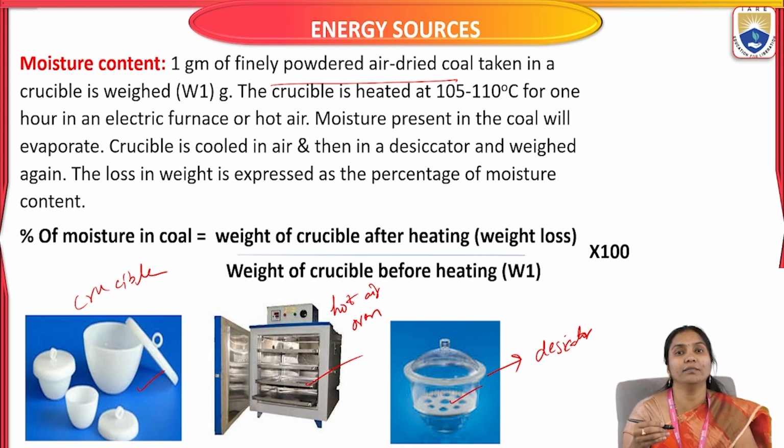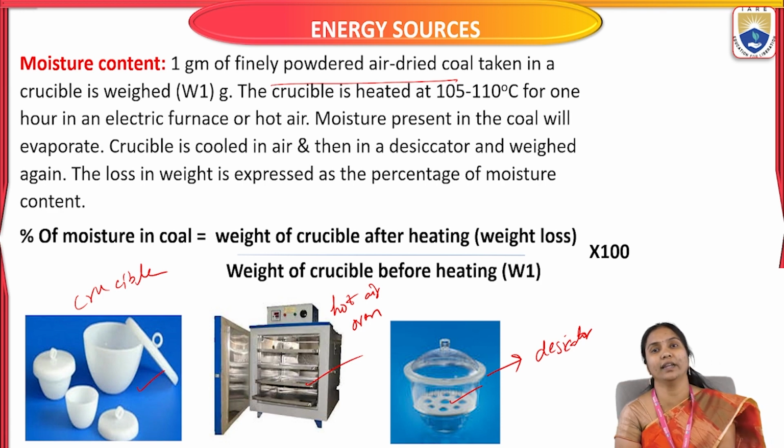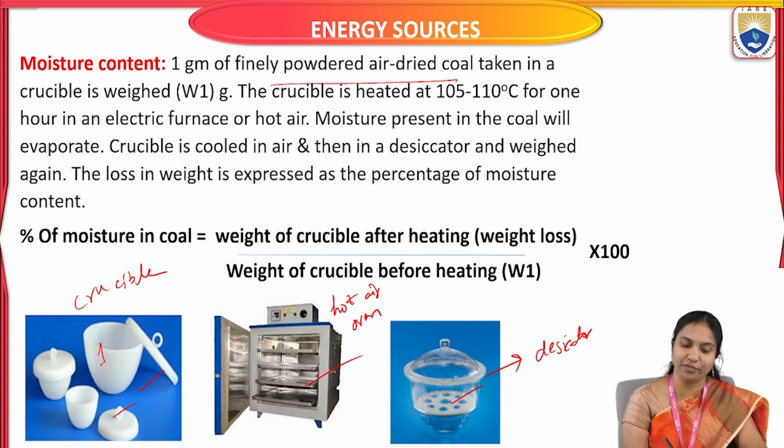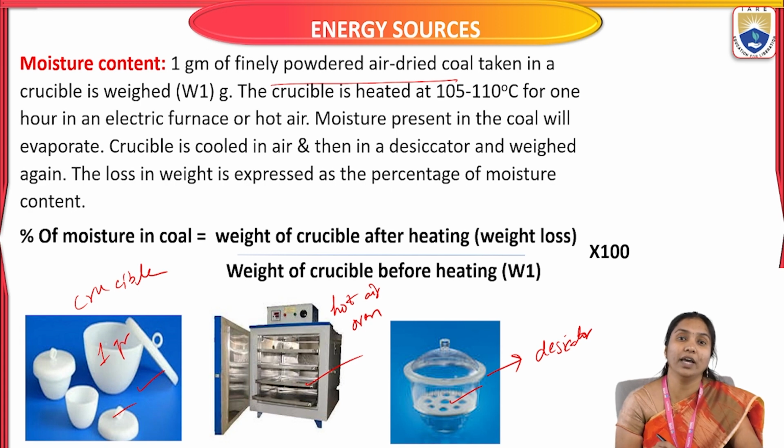So how can we calculate the moisture content present in the coal sample? Take 1 gram of finely powdered air dried coal in a crucible, and weigh out this coal sample using a weighing machine.